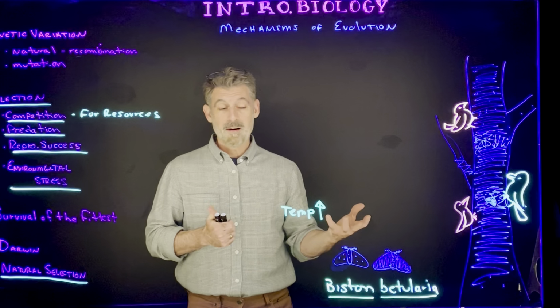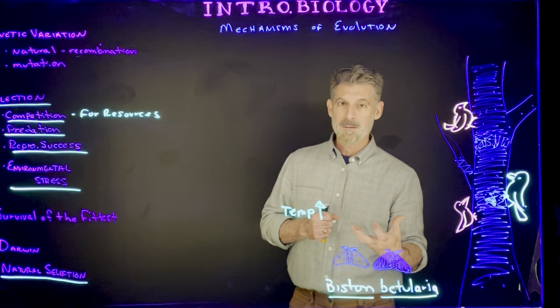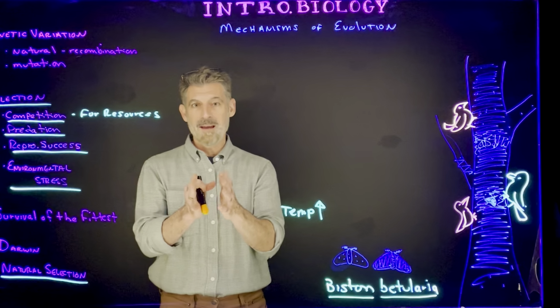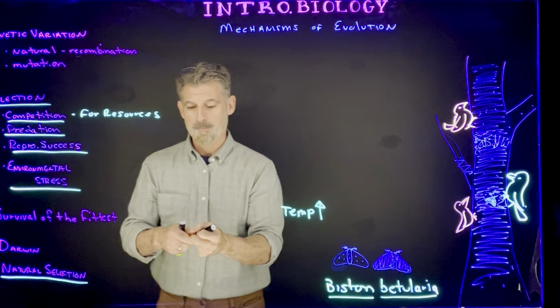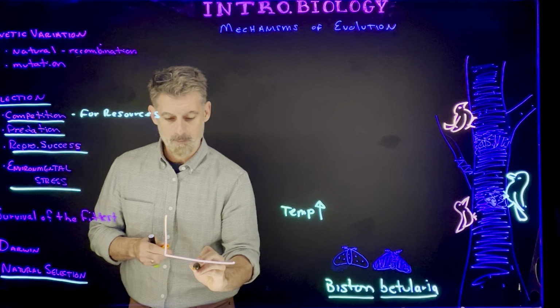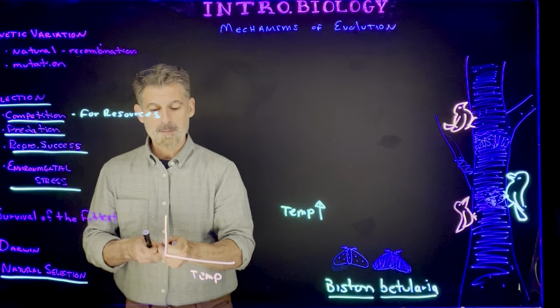Some of the temperature variation could have to do internally with things we can't see, like enzymes and how the enzymes work. Some organisms may have enzymes that work at a very narrow temperature range. So, temperature and enzyme activity.